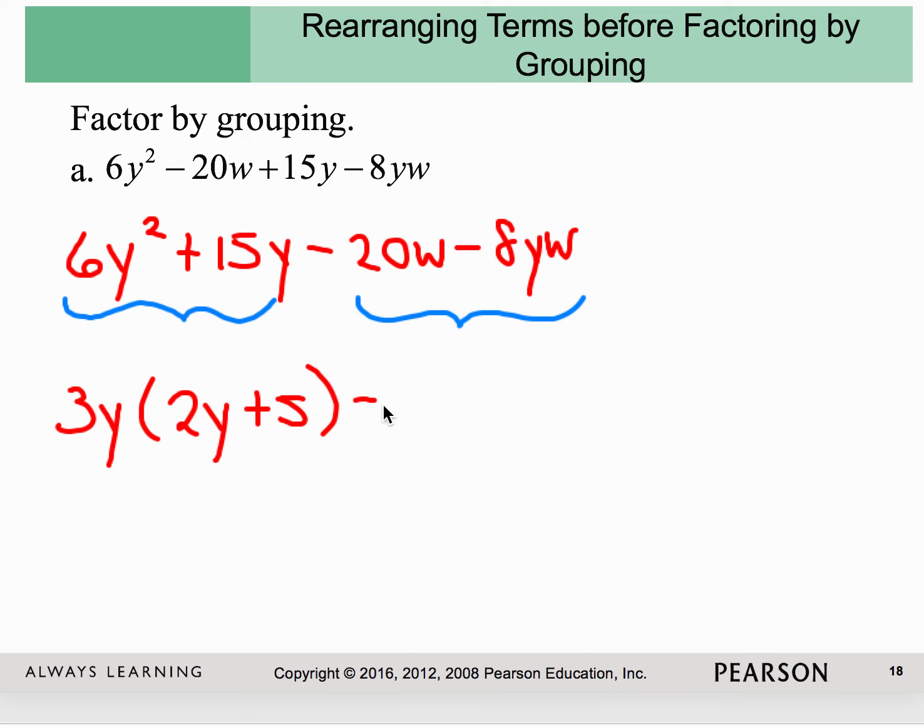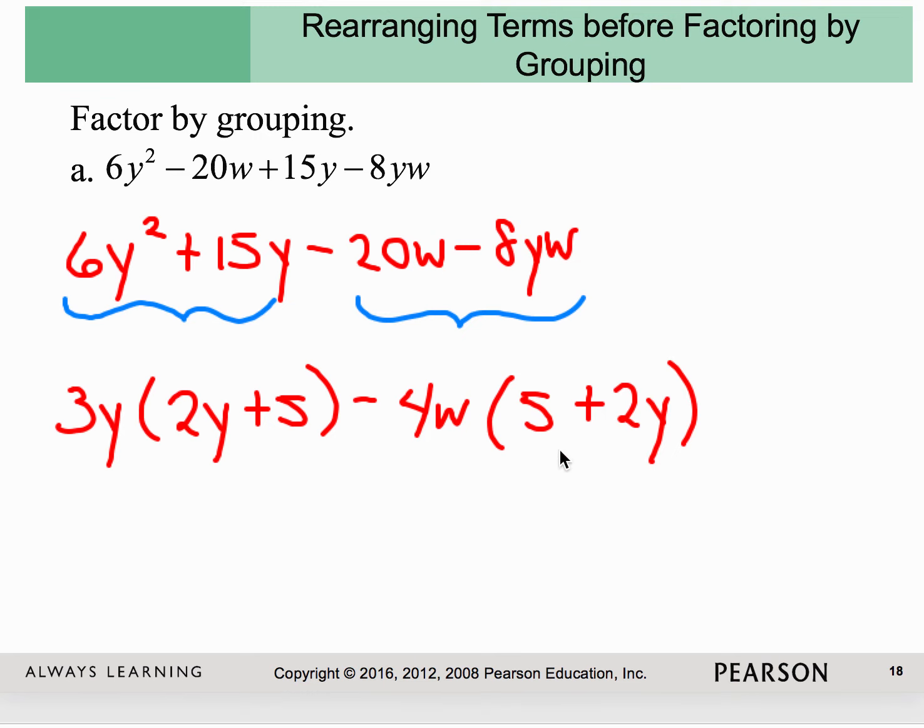Careful, because there's a minus, so that means these signs are going to change. So I can factor out a negative 4w, and that leaves, negative 4 from negative 20 is 5, and the w's out here. Negative 8, take a negative 4 out, that leaves positive 2y, and the w's out here.